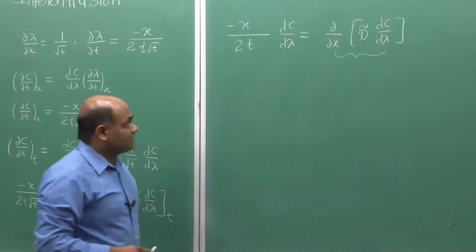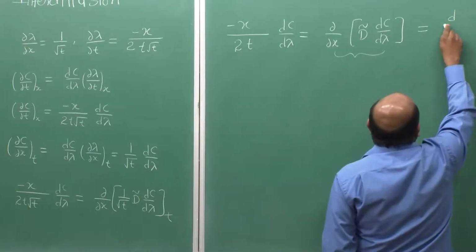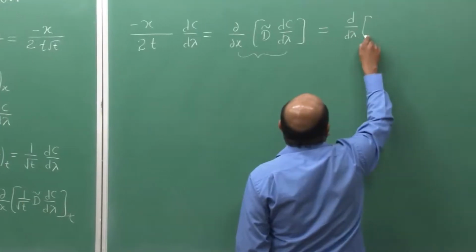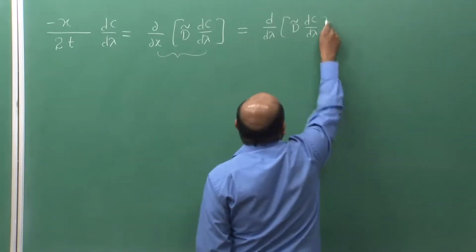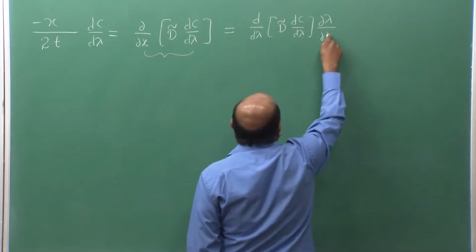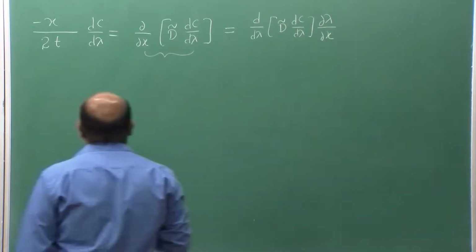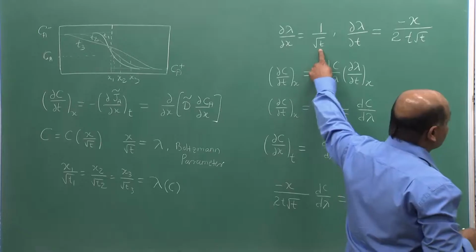again we can write as d/dλ of D tilde dC/dλ times ∂λ/∂x, and ∂λ/∂x is again 1 by root t.